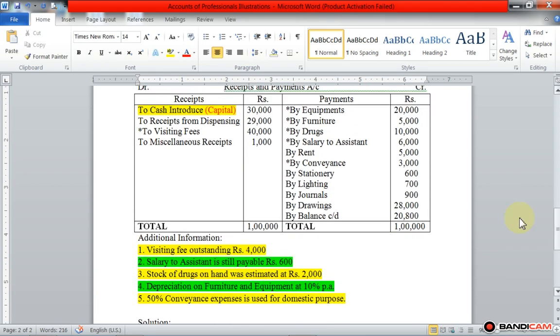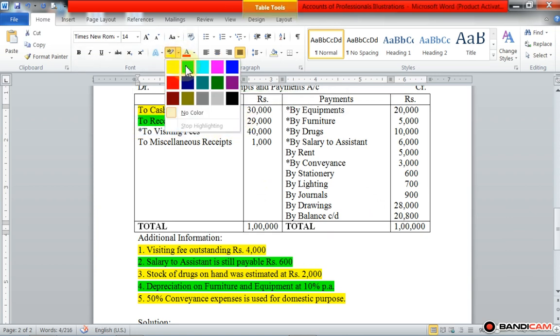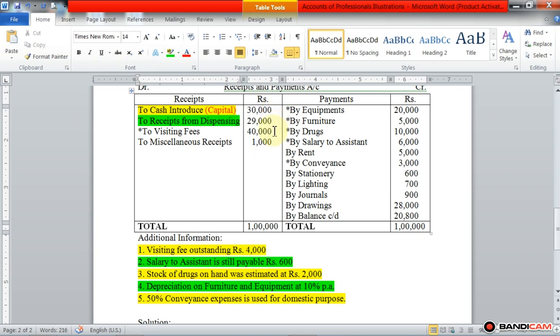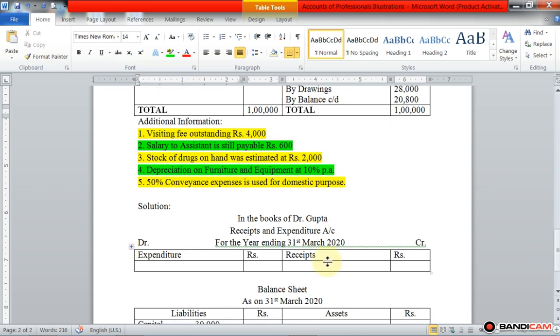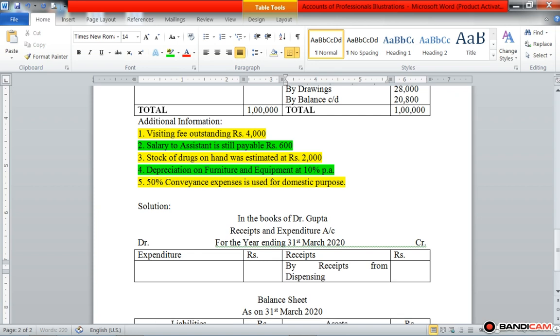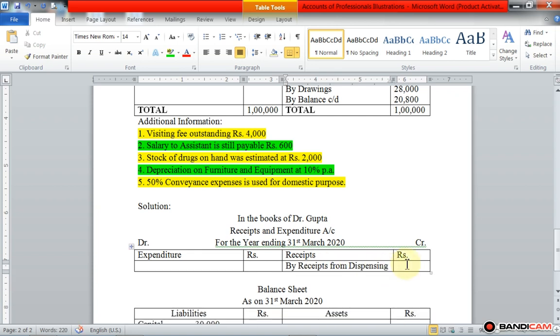Then next income, that is to receipt from dispensing. It is income from professional activity, amounted rupees 29,000. Additional information is not provided, so it is an income, and income is transferred on the receipt side, that is by receipts from dispensing, amounted rupees 29,000.